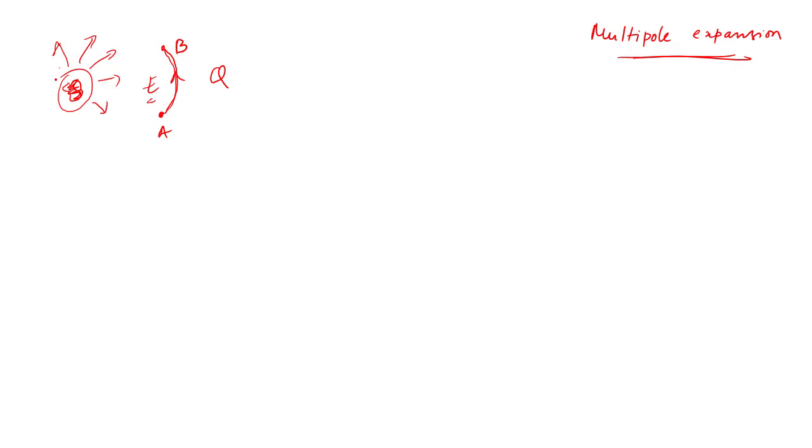So to do that, we want to take this from A to B with a force that exactly opposes the force from the electric field. So the force from the electric field is QE. So to take this particle from A to B, we need to apply a force to oppose this QE.